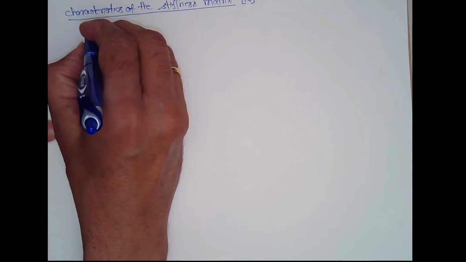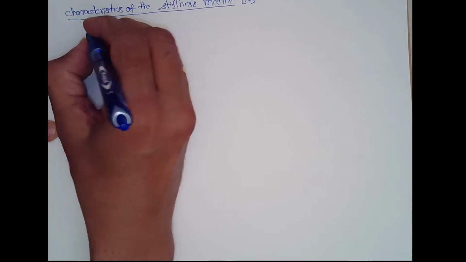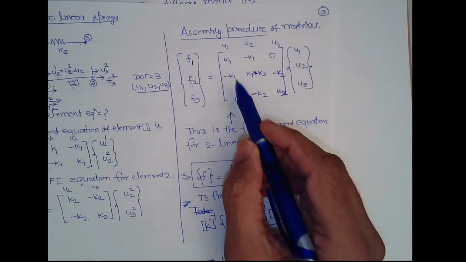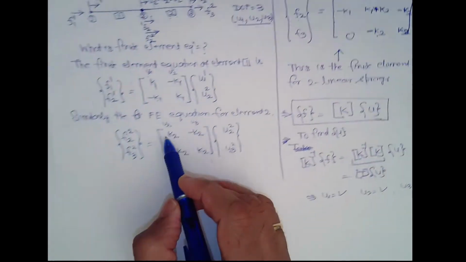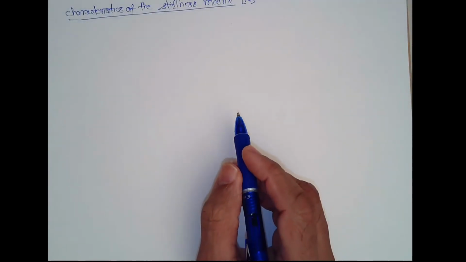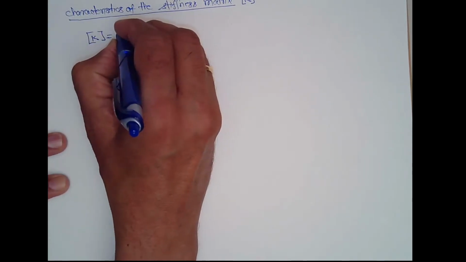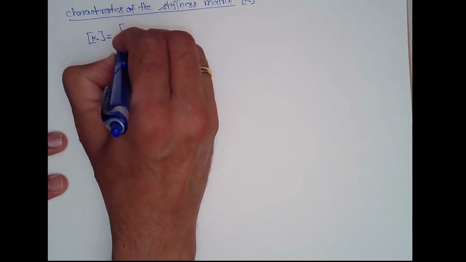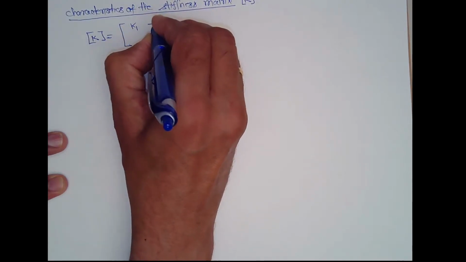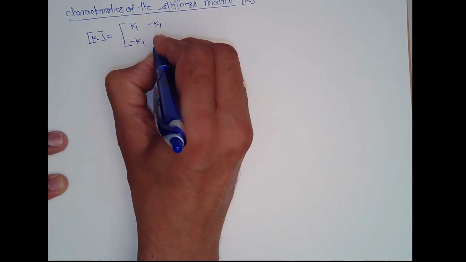So if you look at the 3 by 3 matrix, or the 2 by 2 matrix, what do we find? Let us say we have a 2 by 2 matrix. So I write K1, minus K1, minus K1, K1.